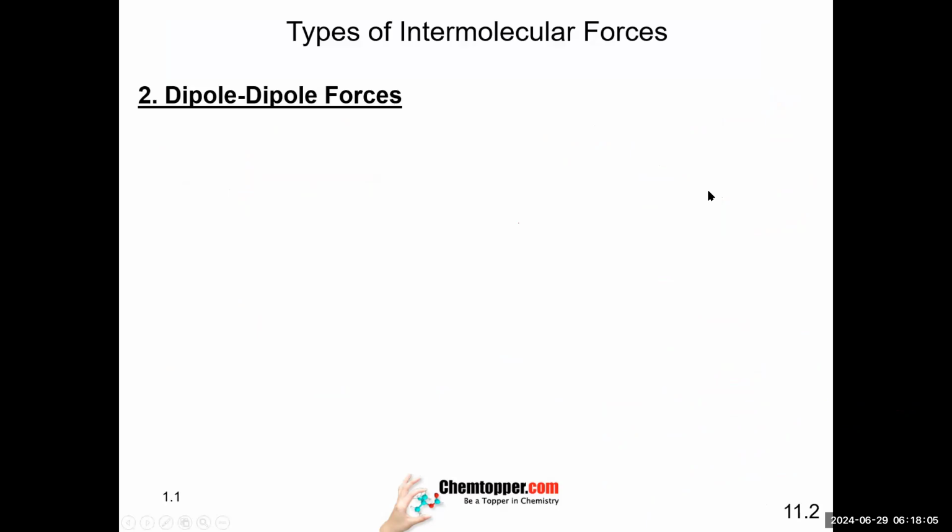Okay, dipole-dipole forces. So which molecules have dipole-dipole forces? The ones which are polar, in which the molecule is not symmetrical and the dipoles are not cancelled out, you know that.